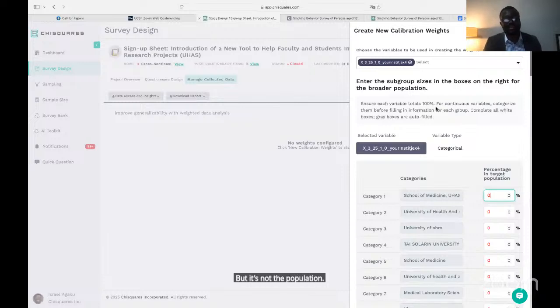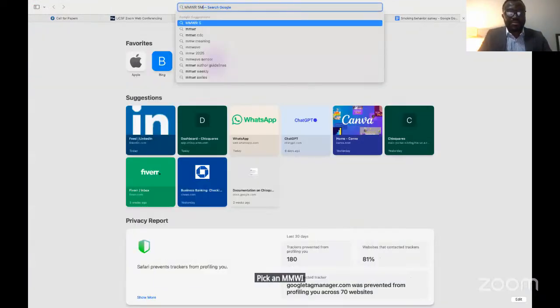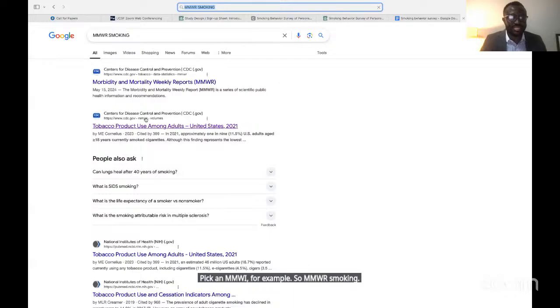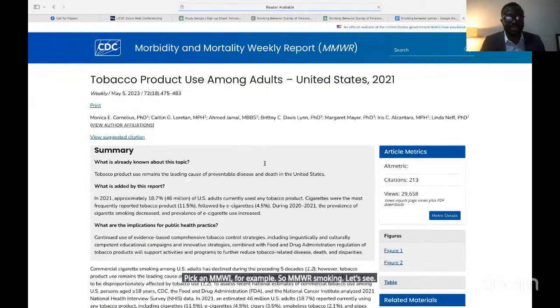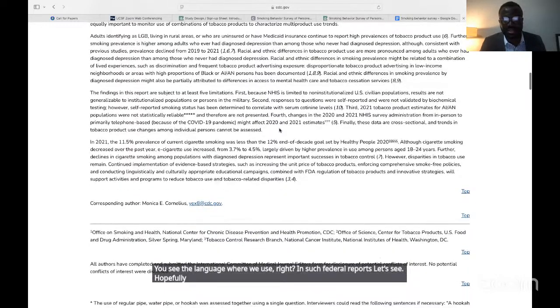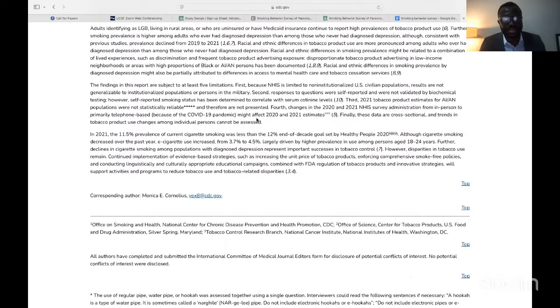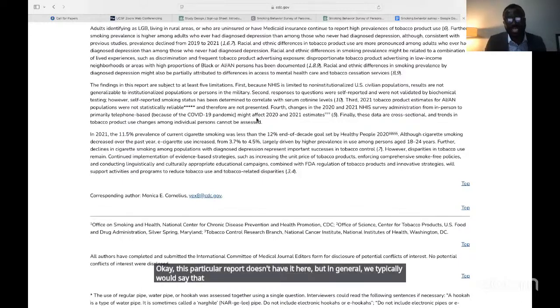So obviously, when we're interpreting results from any weighted data, it is with that understanding. If you look at, for example, an MMWR on smoking, you see the language we use in such federal reports. This particular report doesn't have it here, but in general, we typically would say that even though these results were weighted, they still may not be fully representative of the population.